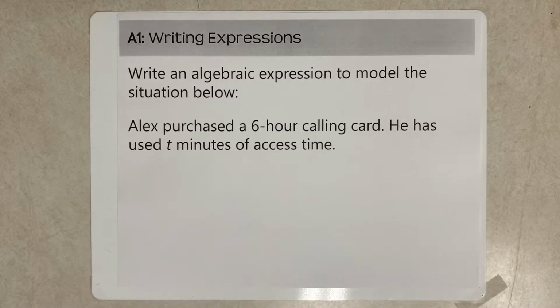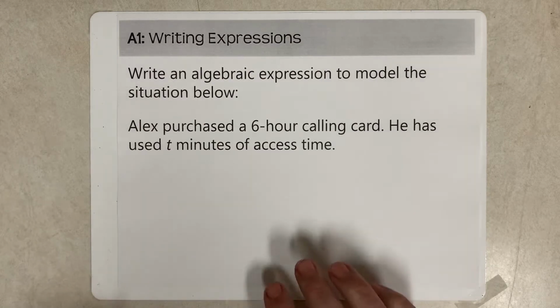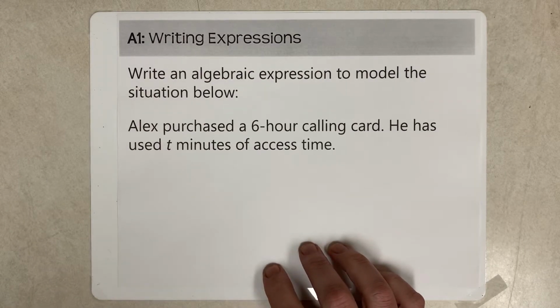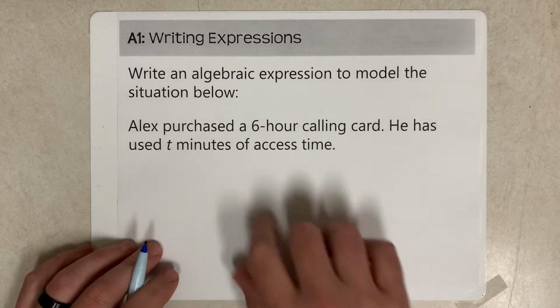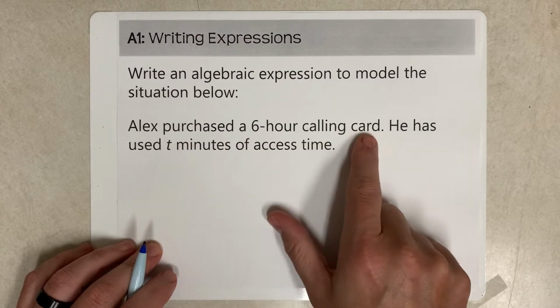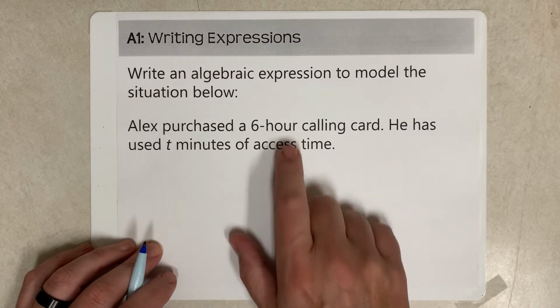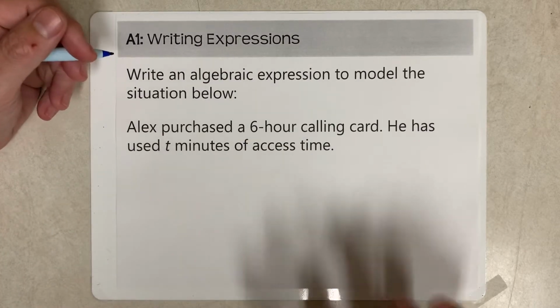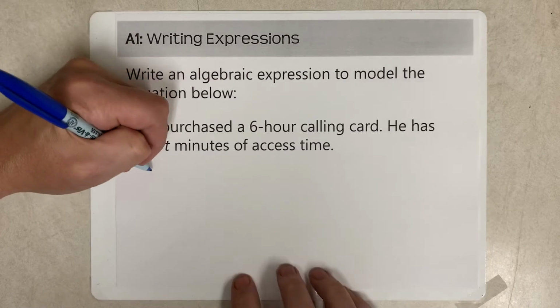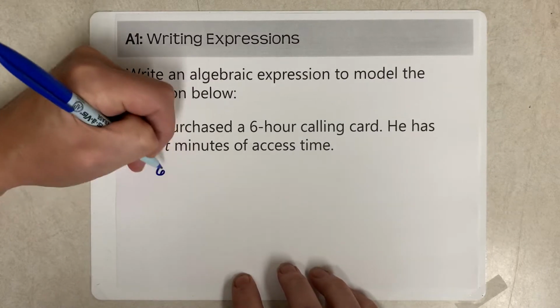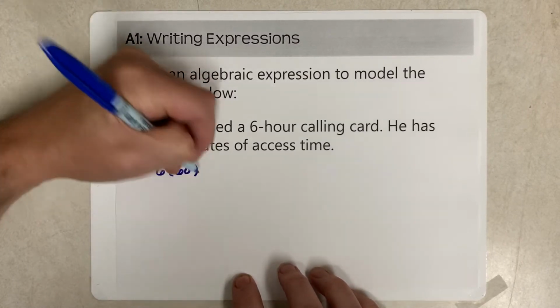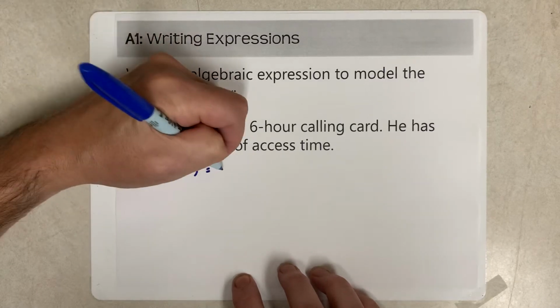Okay, this one says, Alex purchased a 6-hour calling card and he has used T minutes of access time. All right, we should probably be careful with this. If you purchase a 6-hour calling card and we are in minutes here, how many minutes are in 6 hours? You have to take 6 and multiply that by 60 and you get 360.